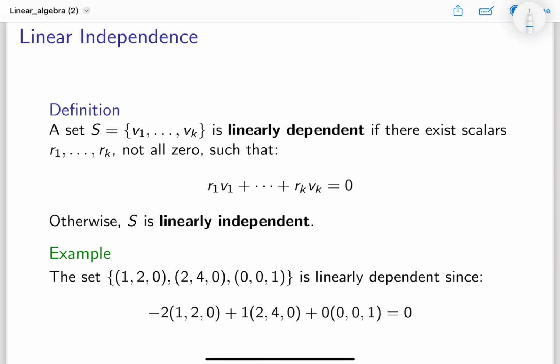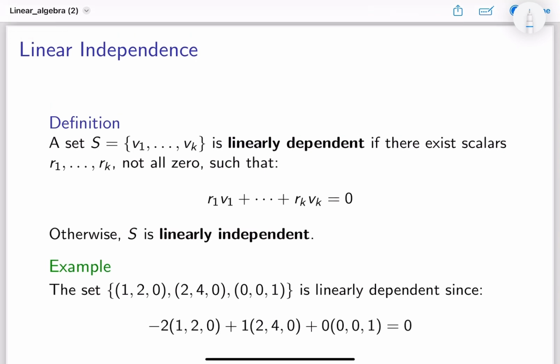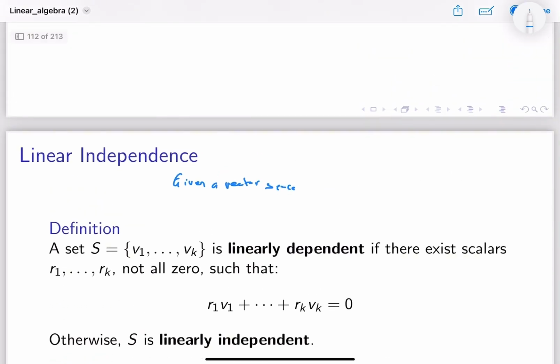about the concept of linear independence, right? So if we want to say this in a few words, given a vector space V, and let's say it's equipped with addition and scalar multiplication, plus and dot, right?